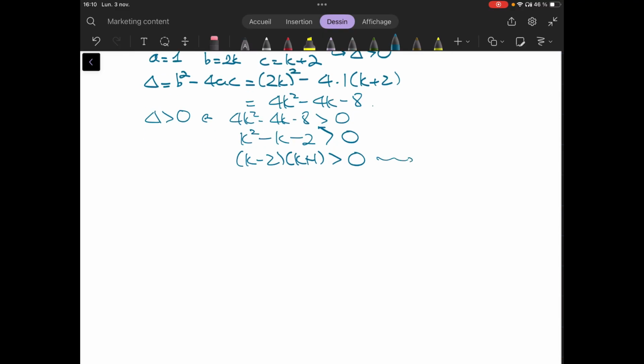So let's quickly sketch out the quadratic. The roots are at -1 and 2. The coefficient of k squared in this quadratic is 1, positive. This means that the parabola is opening up. Therefore, it is positive on either end. In other words, k less than -1 or k greater than 2.